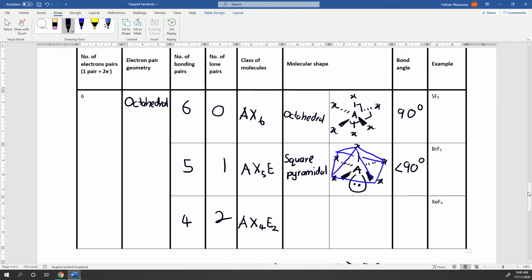Okay. Now, kita nak tambah lagi satu lone pairs. So you guys rasa dekat mana kita nak tambah? Sebab kalau you guys ingat balik, valence shell electron pair repulsion theory, apa yang dia cakap? Dia nak minimize the repulsion as much as possible.